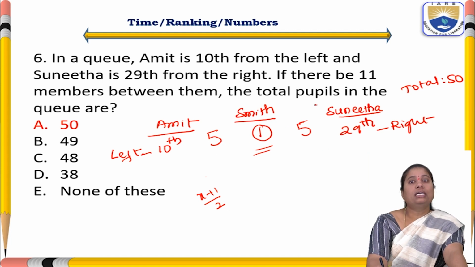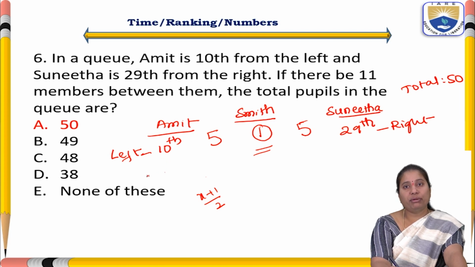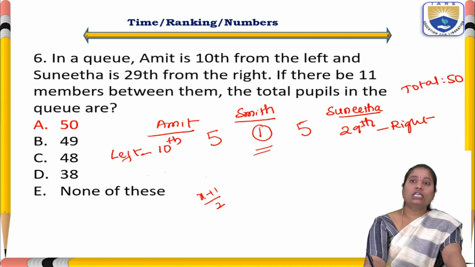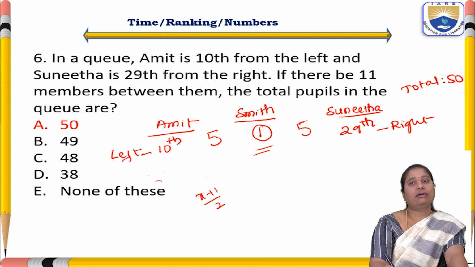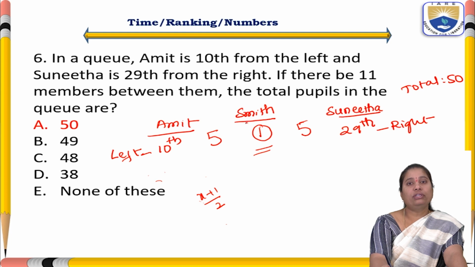we need to calculate either Amit's position from the right side, or Sunita's position from the left side. Then if we apply the x plus 1 divided by 2 formula, we can easily find the position of Smita. Let us see how it's possible.